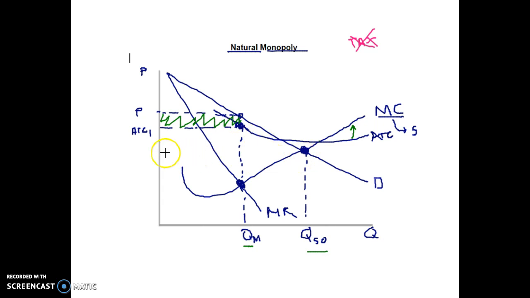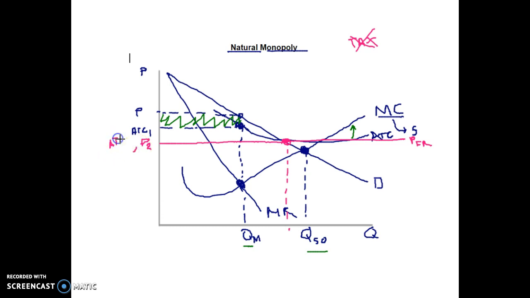Our first is the fair return option. So if I put a price ceiling right here and take that all the way across so I can label it PFR. If I put it right there at this intersection right here, my revenue, because this is now my actual price, right? So we'll call this P2. My revenue is going to be equal to my cost. So I dash this down. So this is going to be both price and is going to be ATC.